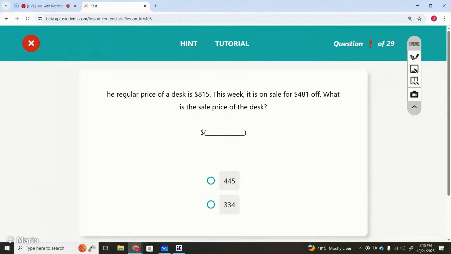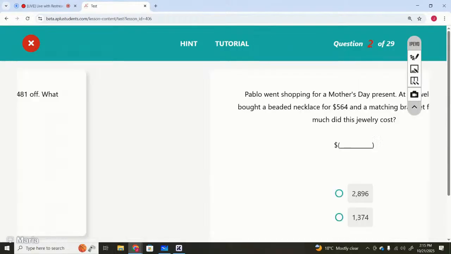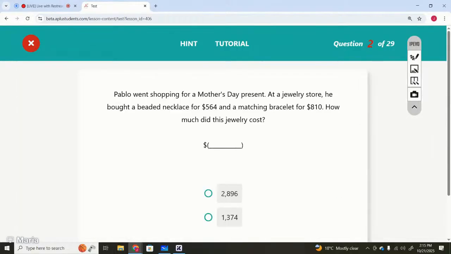This week it is on sale for $481 off. What is the sale price of the desk? So that is $334. Option number 2 is the correct option.